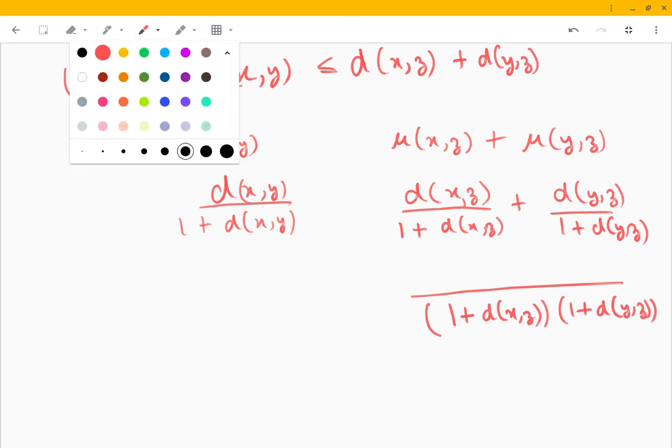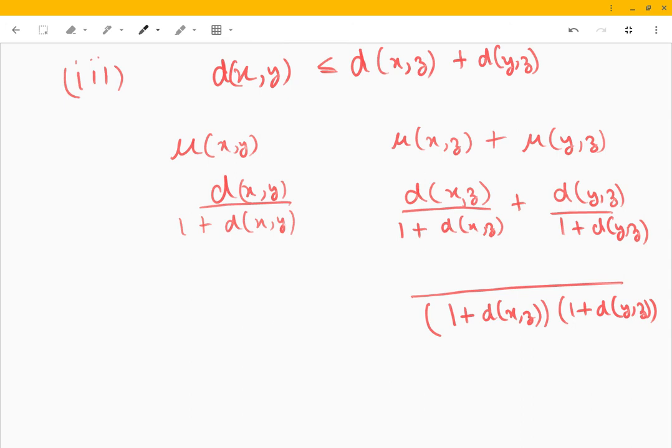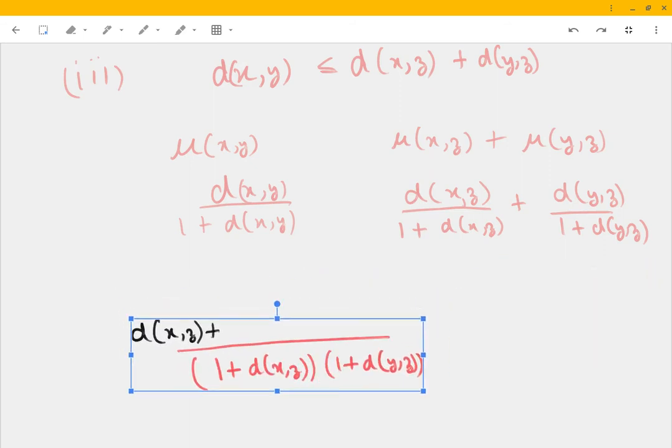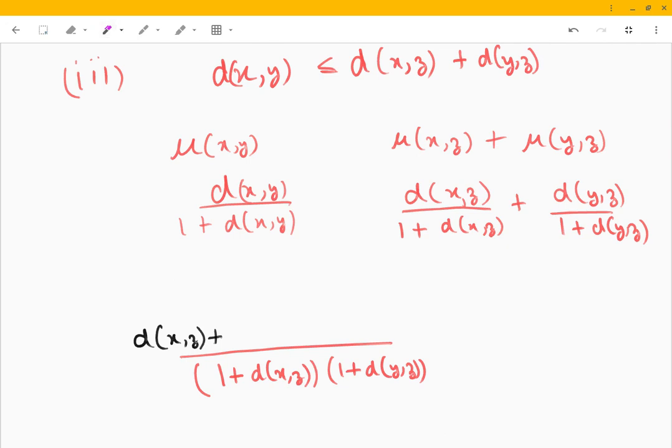Okay, I think I'll change the color. And in the numerator we'll get d(x,z) plus d(y,z). Okay, it is getting messy. Just wait. So I'm just solving for the right hand side, okay? We are expanding this.